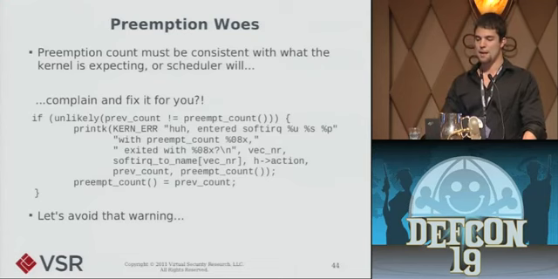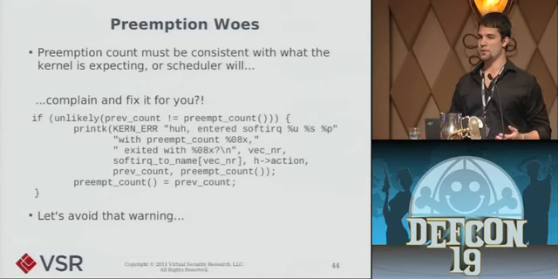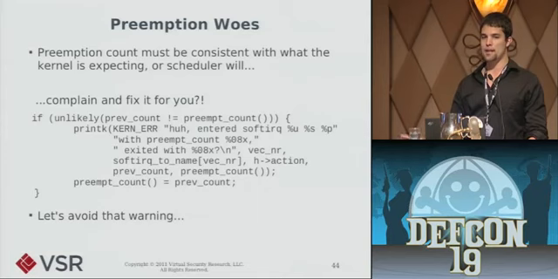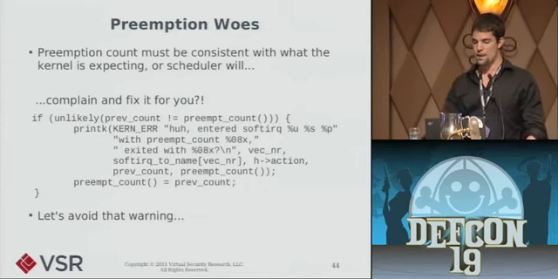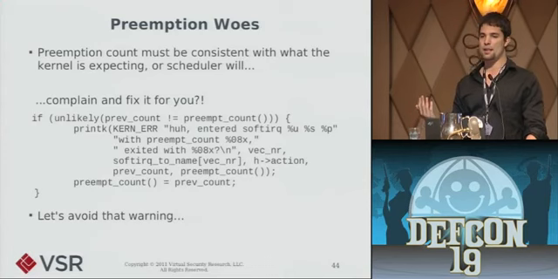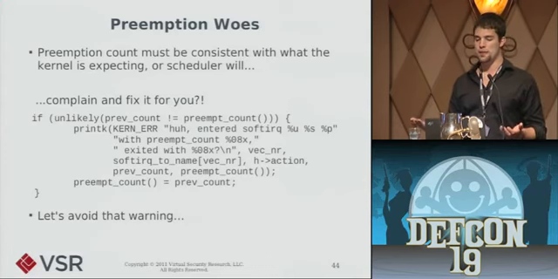The second bit of cleanup I needed to do has to do with the preemption count. On Linux, every process has this variable called the preempt count, which encapsulates a bunch of information related to scheduling. And if the kernel calls an interrupt handler, as it did when our malicious ROSE frame was received, and returns from that interrupt handler, and the preemption count isn't what it expects it to be, in the past, the scheduler would panic and everything would fall over.